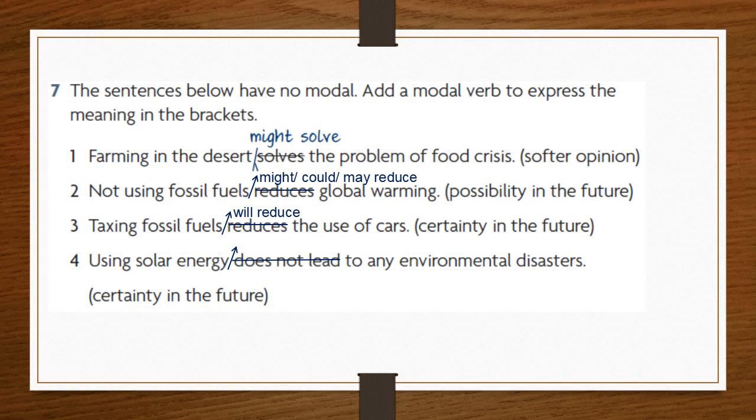Using solar energy will not lead to or cannot lead to any environmental disasters. So, if you want to express certainty, you can use will, would, can. If I want to express possibility, may, might, could. These are the modal verbs used to express opinions.